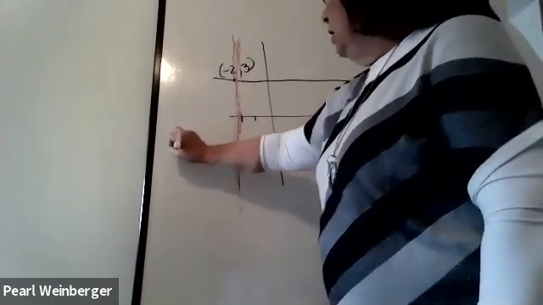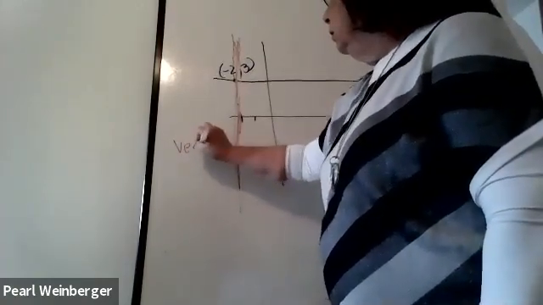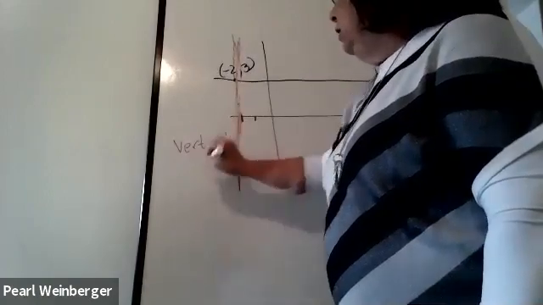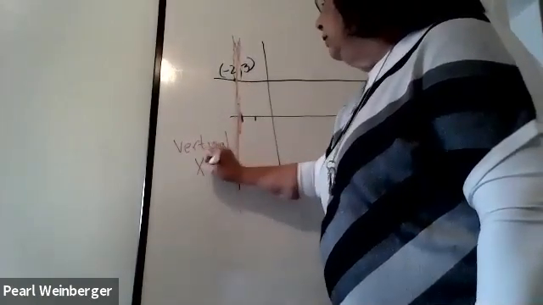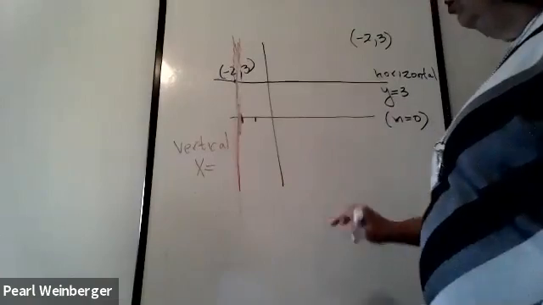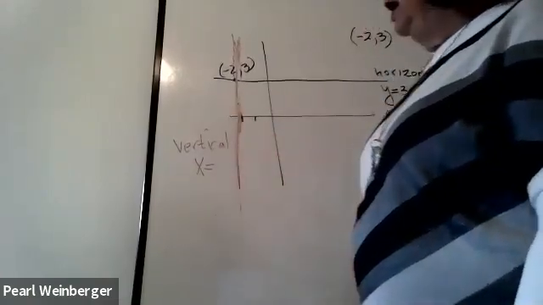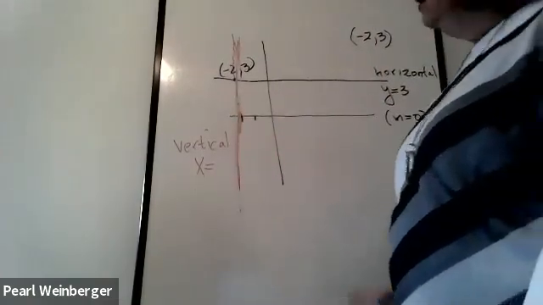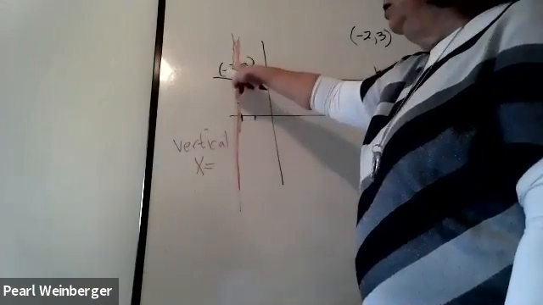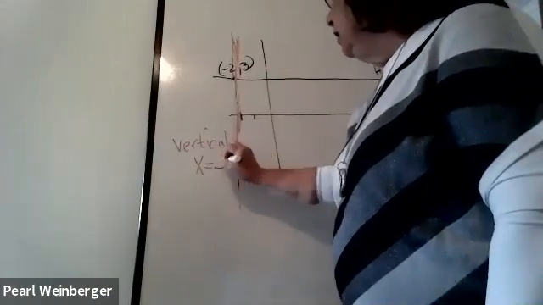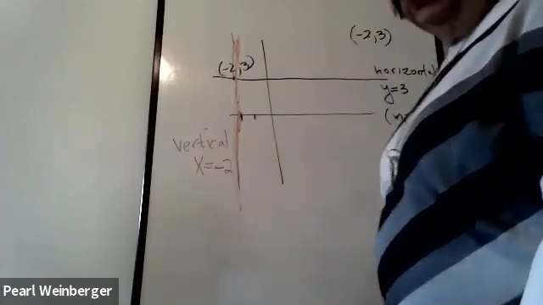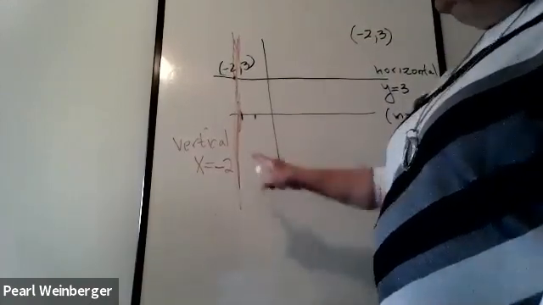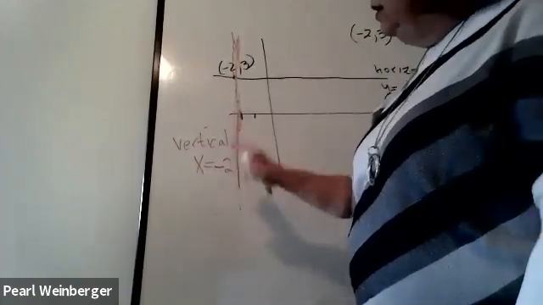The vertical line has an equation x equals a number. It has no y in it, it's just x. And the x is whatever the x of the point is. In this case, it's x equals -2.